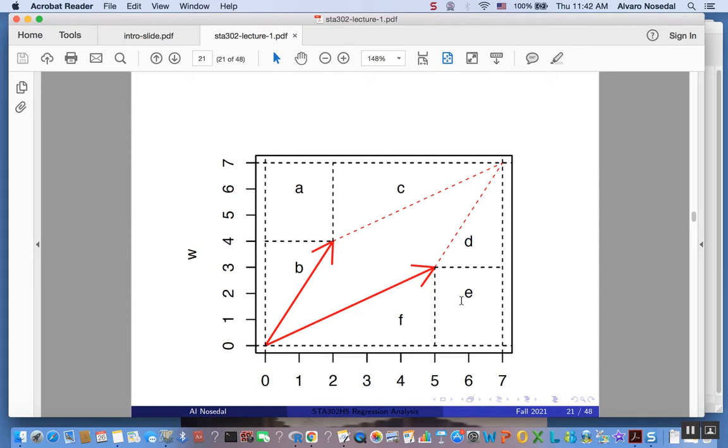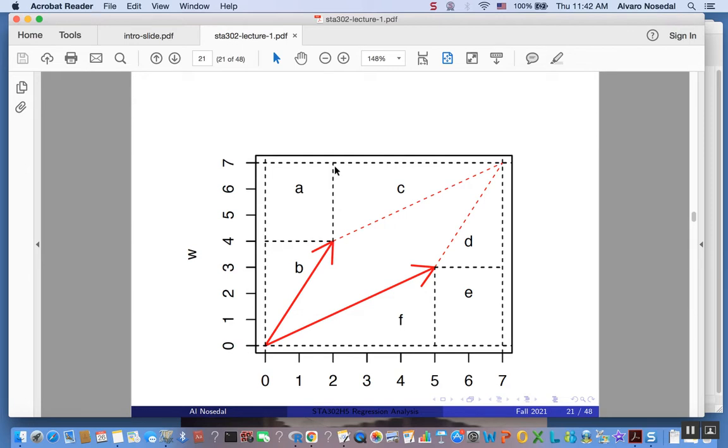Now let's remove the areas of these guys. For instance, C and F. So it would be base 5, height 3. So 5 times 3, 15, divided by 2, because it's a triangle.